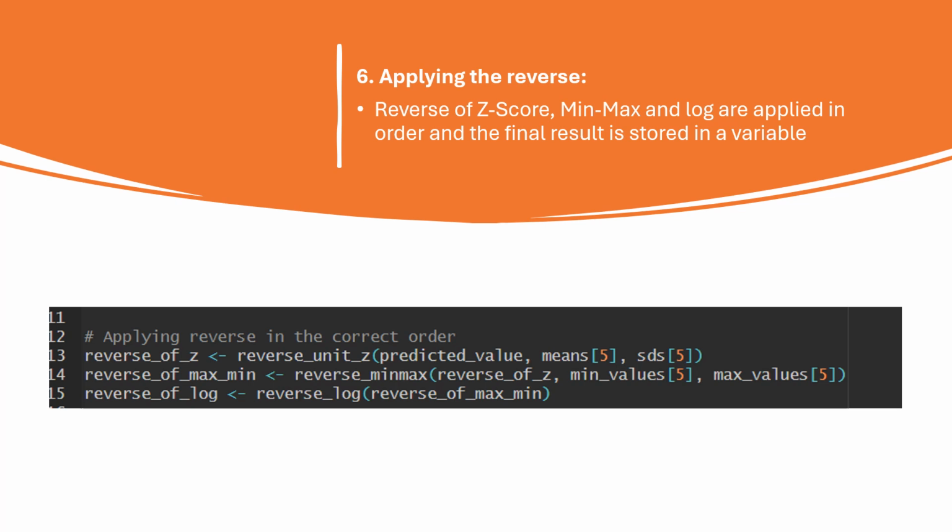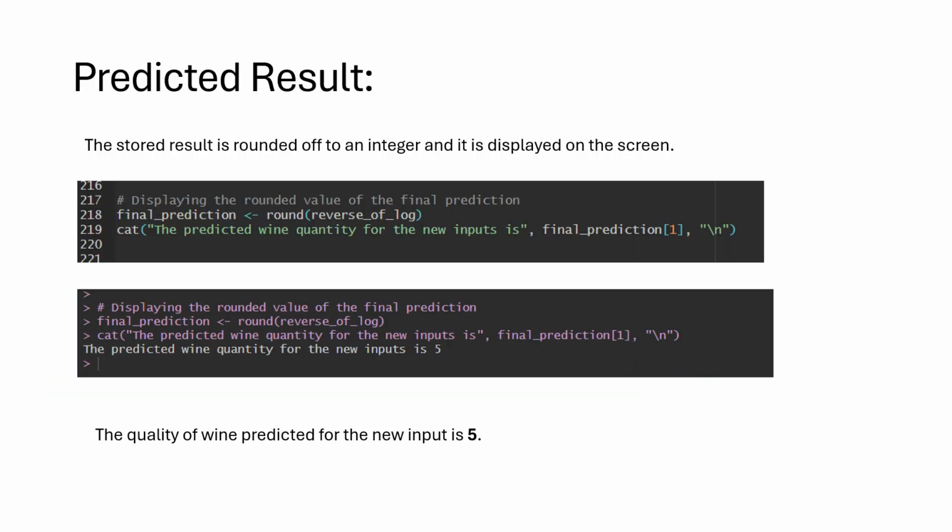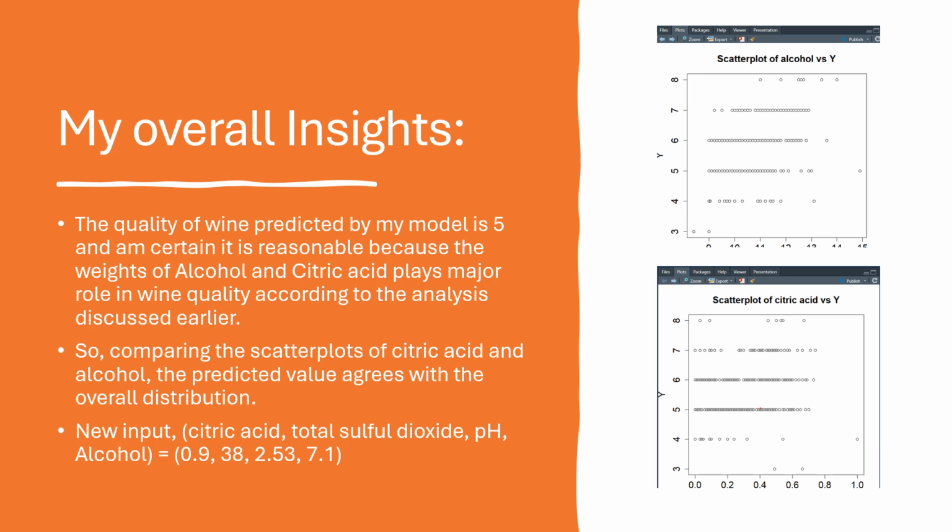Applying the reversal, here are the codes as well. Extracts. And move further. Predicted results are stored in the code. You can see that the quality of wine predicted for the new input is 5. Overall insight: the quality of wine predicted by my model is 5.